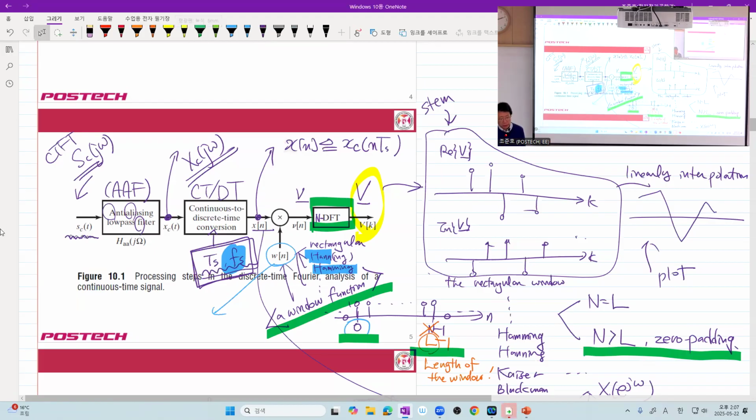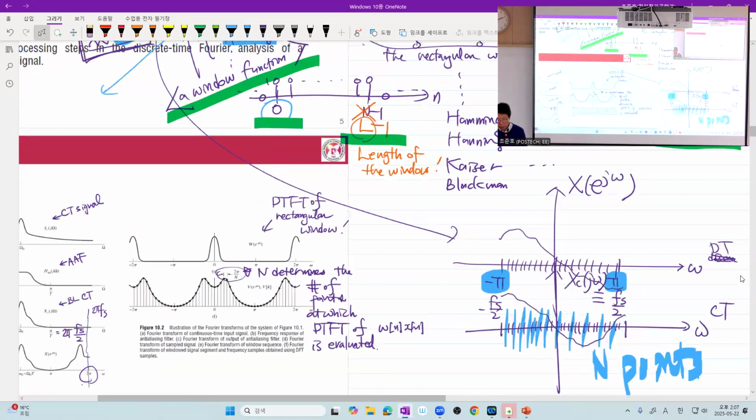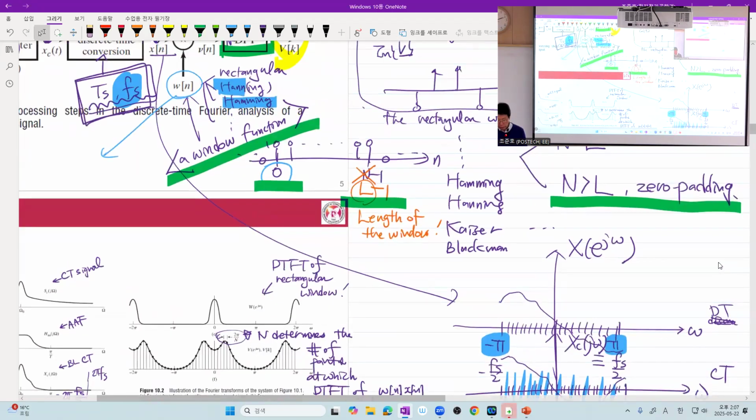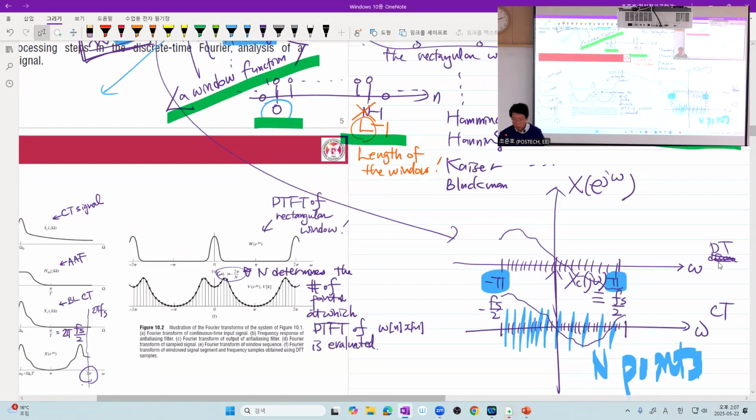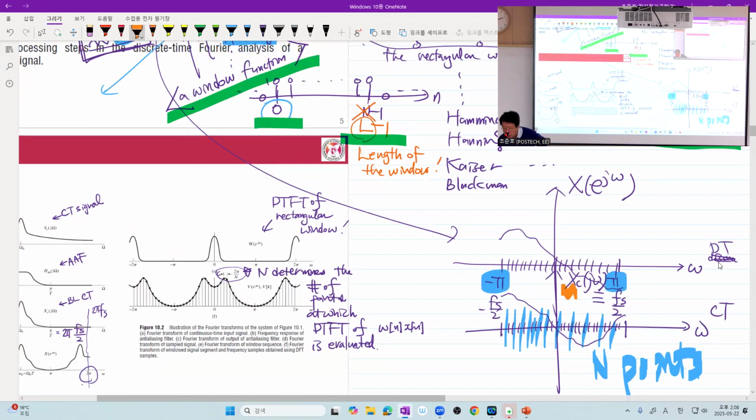And last time, I emphasized one of the most important things you need to remember. So suppose your continuous time signal to be sampled has CTFT, capital X sub C of j omega, that roughly ranges.